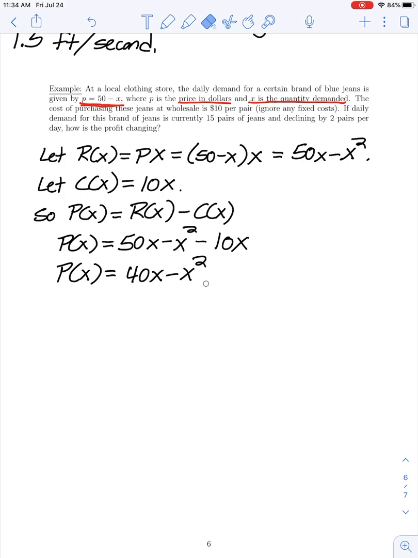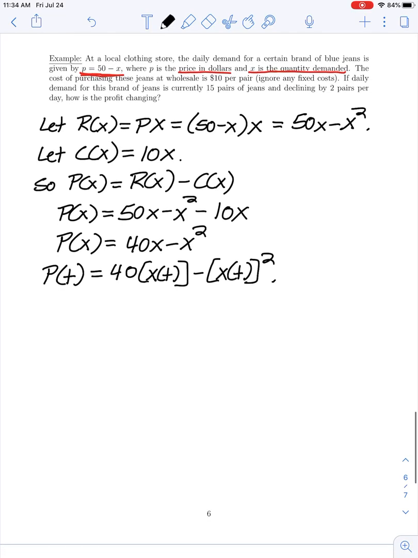Or keeping in mind that these quantities are really functions of time, we can think about this in the following way. Profit, which is a function of x, which depends on time, means that profit is dependent on time. And this is given by 40 times x, which changes over time, minus x squared, but keeping in mind that x changes over time. So to get the rate at which these quantities are changing over time, we would differentiate with respect to time.